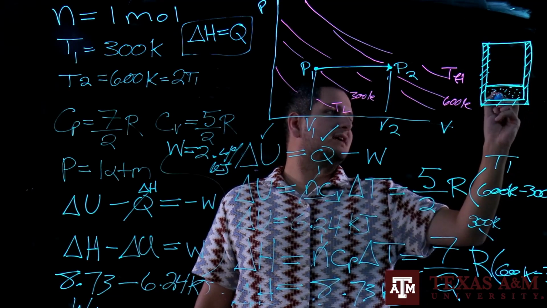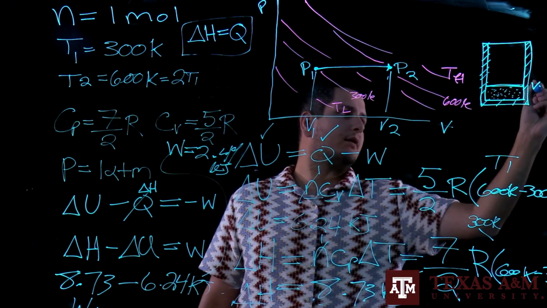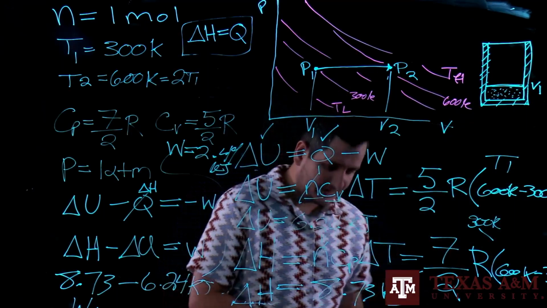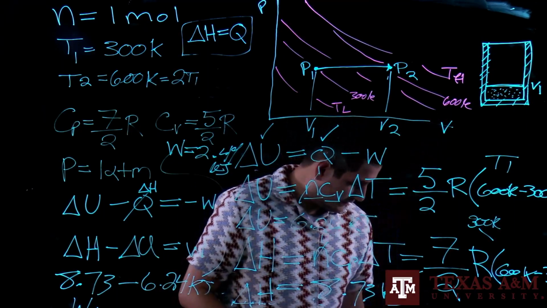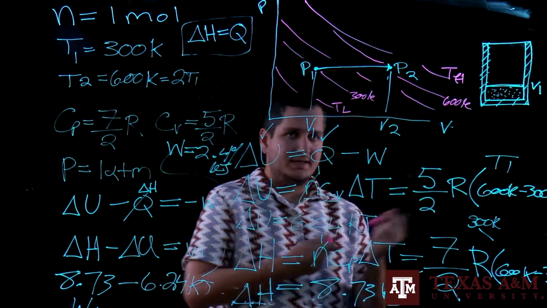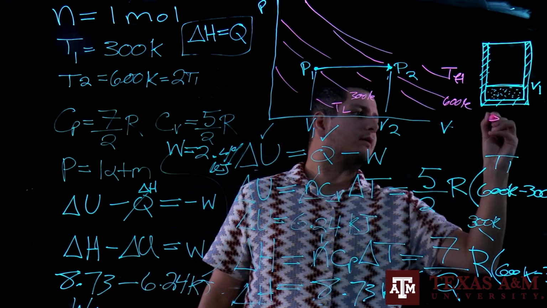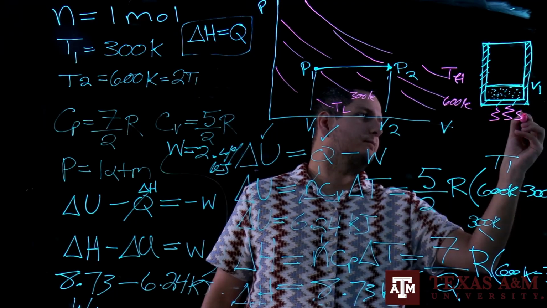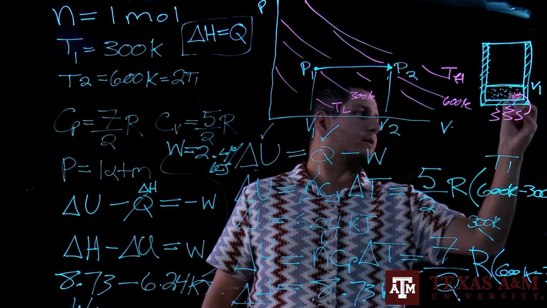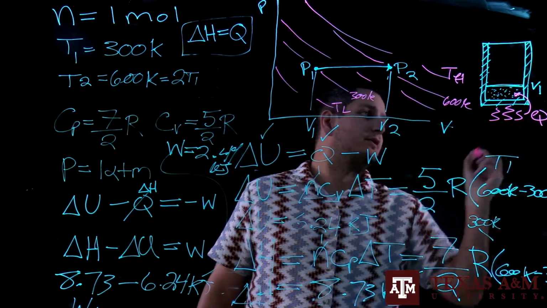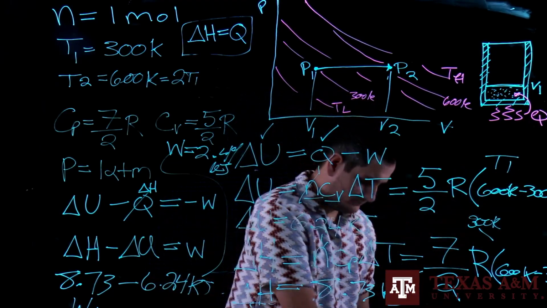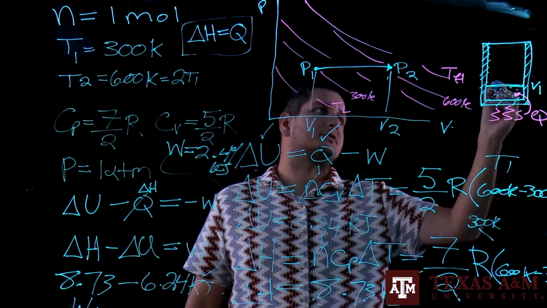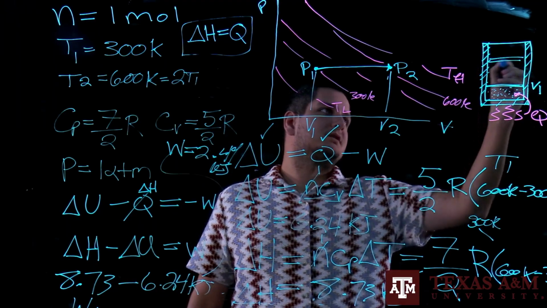So this was the initial state with volume V1 and a P1, right, the density of these, the frequency that they were hitting the wall. And then we add heat. So here's the heat. So basically I'm saying Q goes in. This expands, but it has to expand in a way that keeps the same pressure. So we're holding pressure constant.